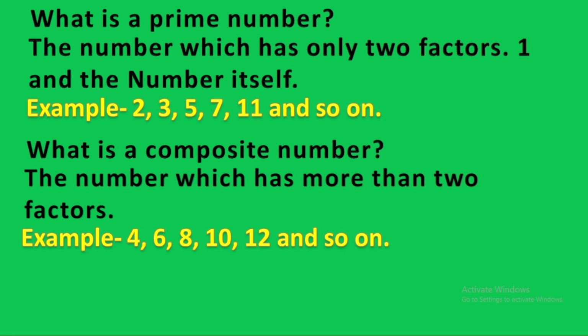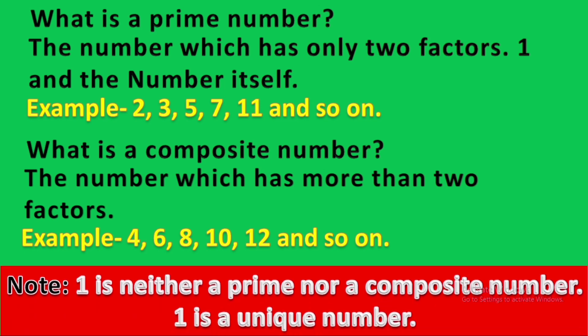See, if you take 4, it is divisible by 1, it is divisible by 2 and it is also divisible by 4. So we are getting 3 factors. Any number which has more than 2 factors is known as a composite number.